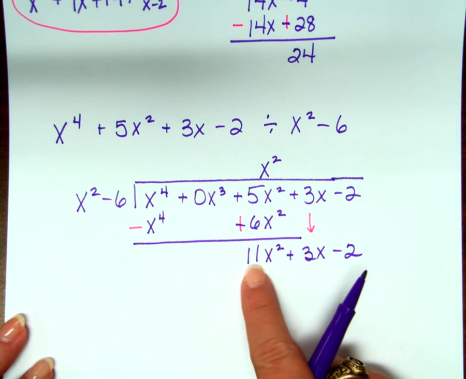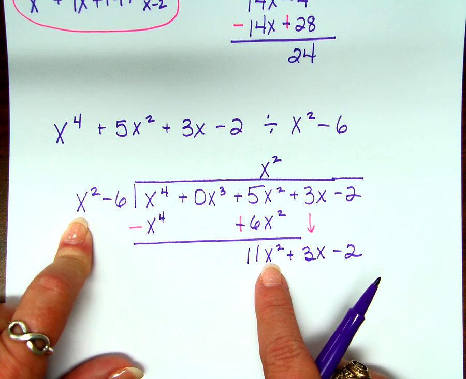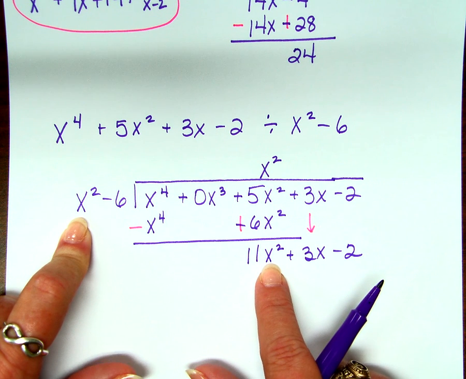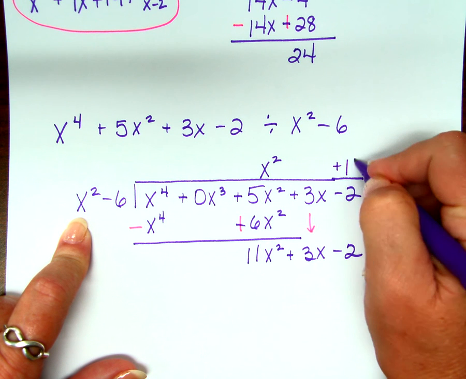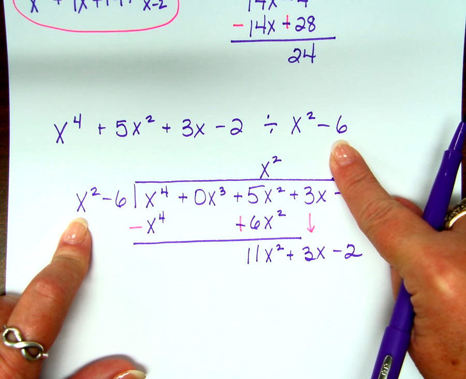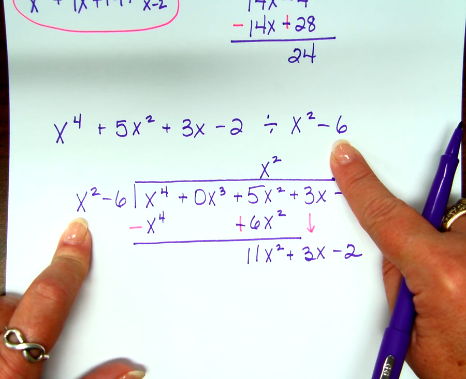Start over. 11x squared divided by x squared. Just 11, right? Where does it go? The 2. Right? Now, before we did this part, if I would have said how many more times might we need to divide? 2, right?